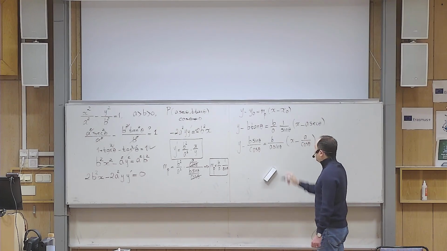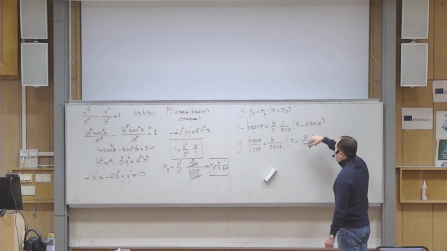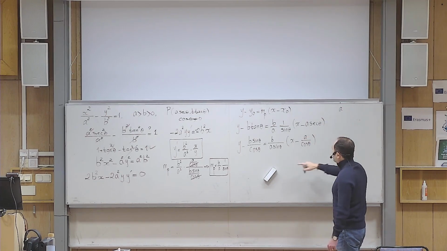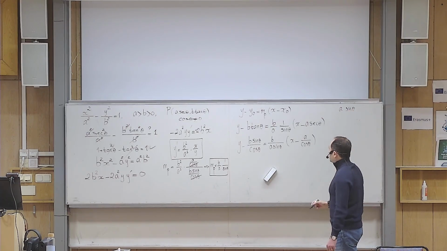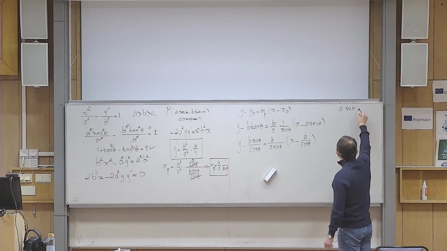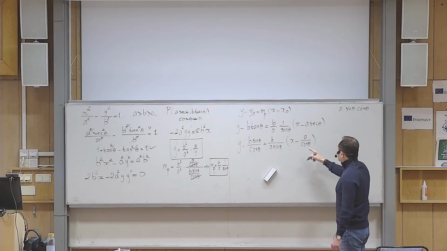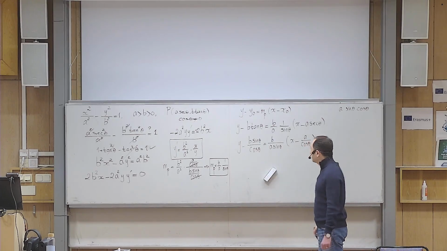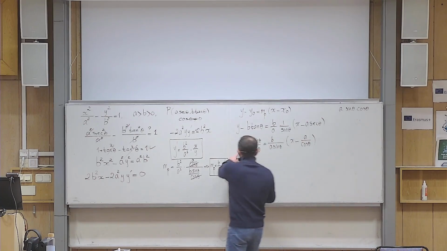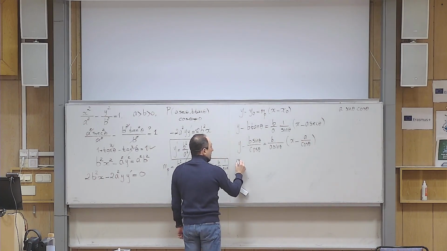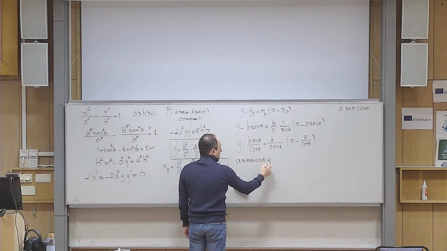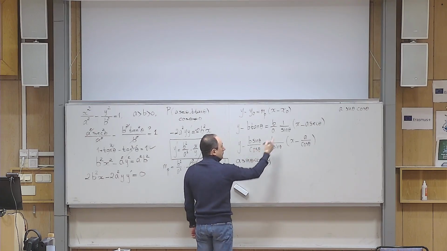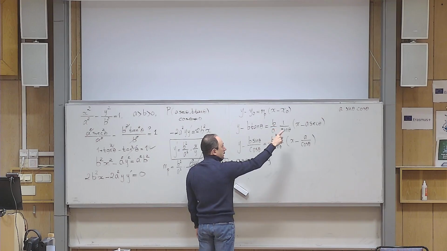To get rid of all fractions, I multiply both sides by an a, because I want to get rid of that a, by a sine theta, because I want to get rid of this sine theta, and also cosine theta, because I want to get rid of this cosine theta and that cosine theta. So if I do that, the first one simply becomes a sine theta cosine theta y. But in this one, cosine theta and cosine theta are cancelled. a and sine theta are left, which will be multiplied here.